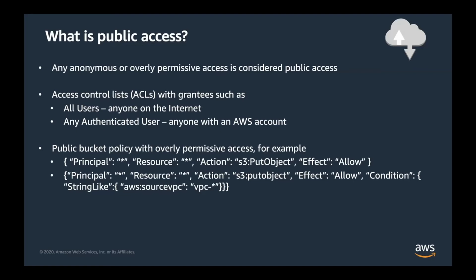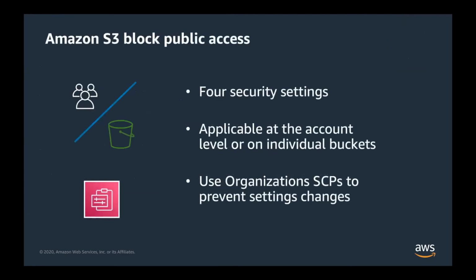And your bucket policies would look something like this, where you're allowing a put or get action into the bucket with principals and conditions that don't really have any boundaries. So Amazon S3 Block Public Access enables you to stop this from happening using 4 different security settings, which are applicable at either the account level or individual buckets.